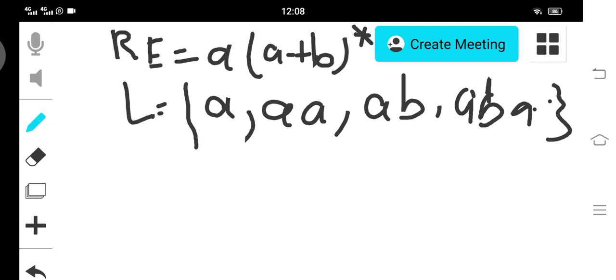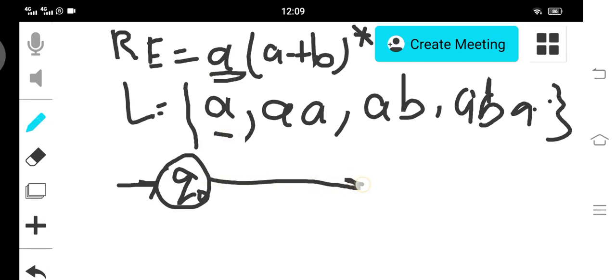Now we are going to construct a finite automata. So we start from q0. This is our initial state. Then the main condition in this language is that it must start with a. It means it must contain a single a.